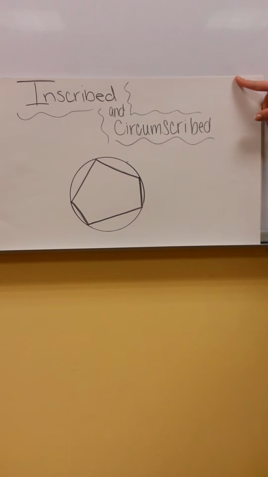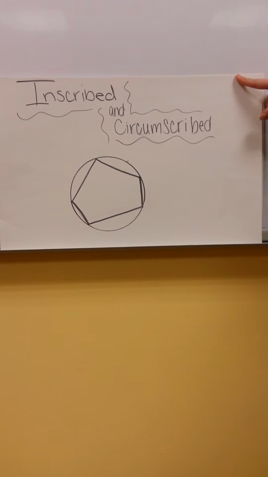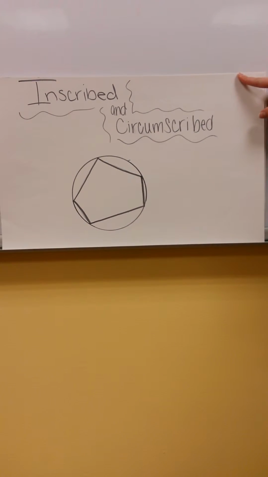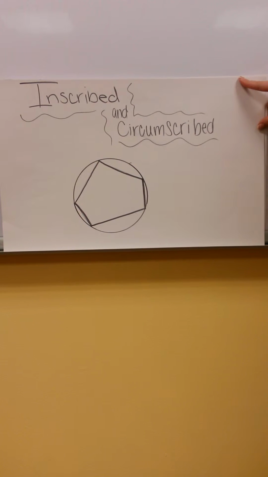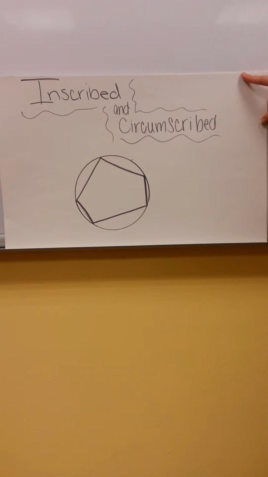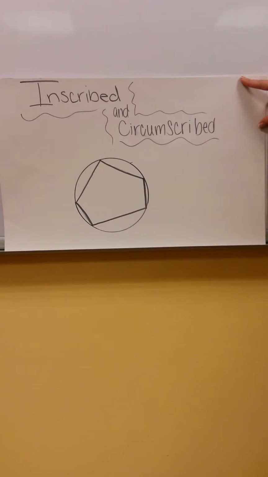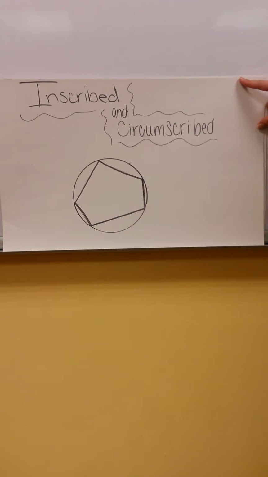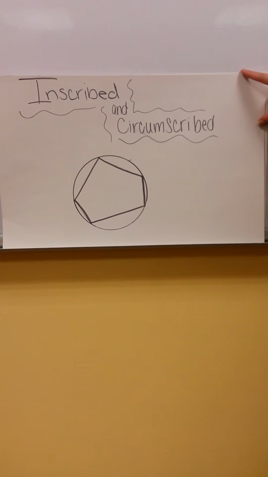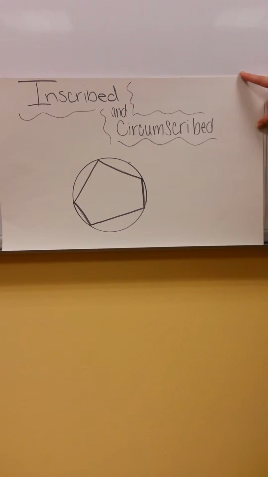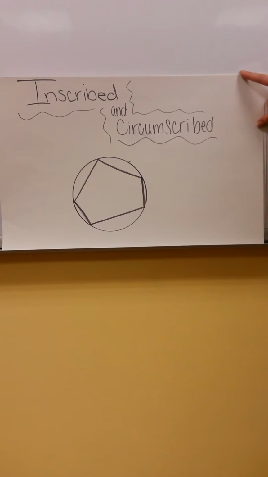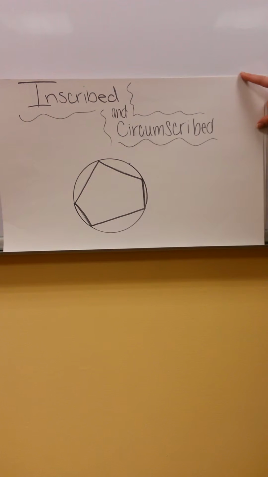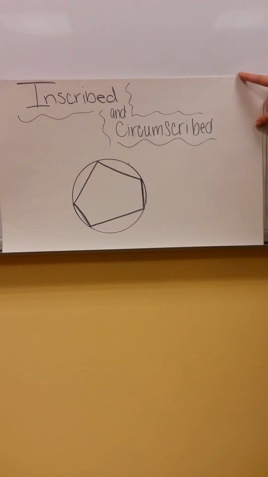Now we'll talk about inscribed and circumscribed. A circle is inscribed in a polygon if each of the sides of the polygon is tangent to the circle. A polygon is inscribed in a circle if each of the vertices of the polygon lies on the circle. A circle is circumscribed about a polygon if each of the vertices of the polygon lies on the circle.